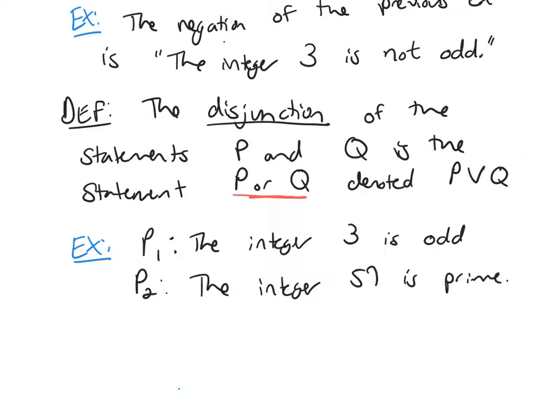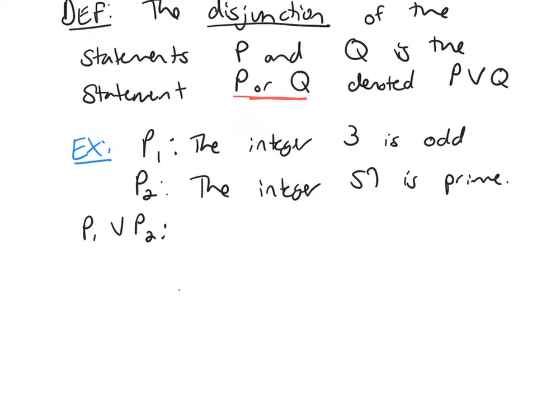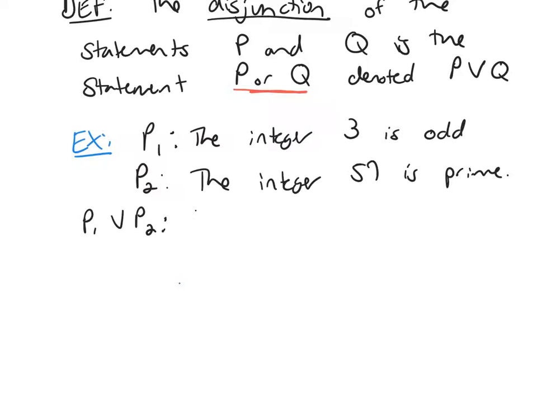And so here, the disjunction P1 or P2 would be the statement either the integer 3 is odd or 57 is prime.